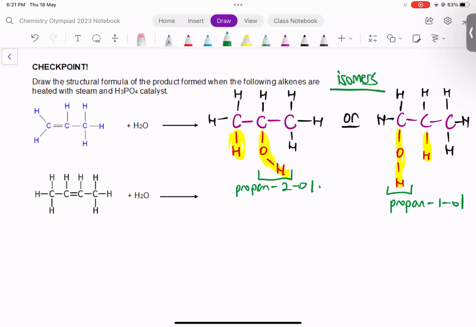All right? So the first example already shows you that even though it's addition, there are two possible products, depending on where the OH is. Now, as Olympiad students, we should try to figure out which one is going to be the more common product.